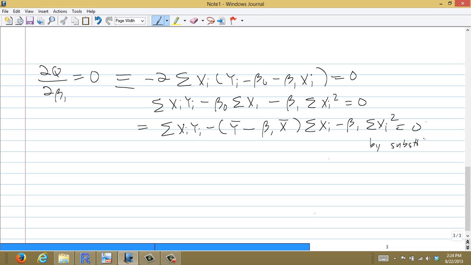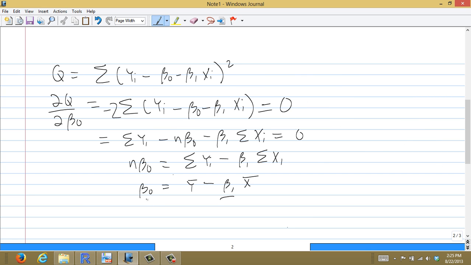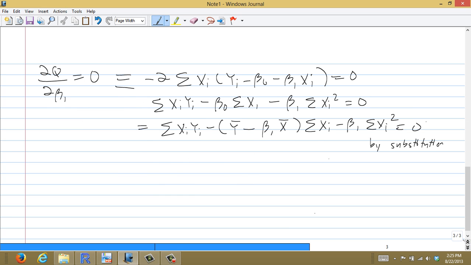So we simply use the fact that we knew that the optimal value of beta naught was y bar minus beta 1 x bar. We substituted that into our equation under consideration right here.